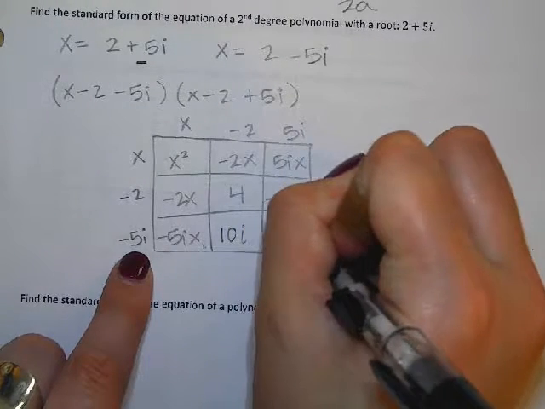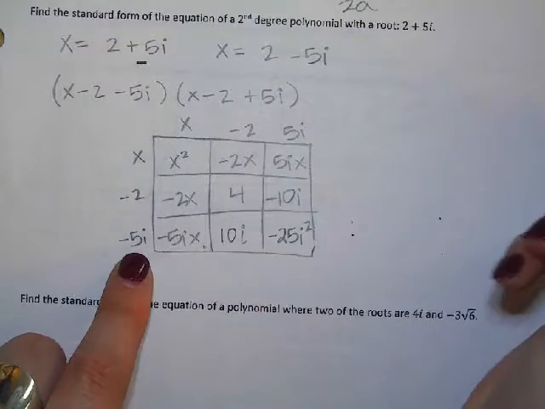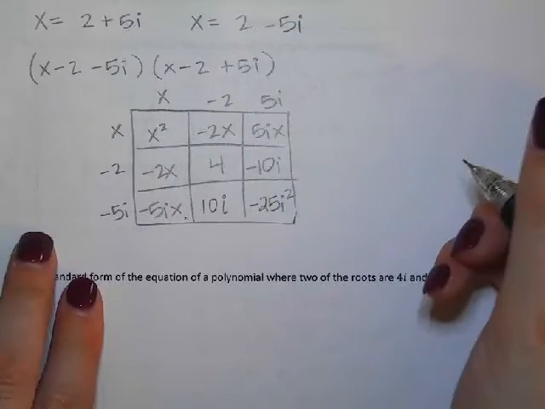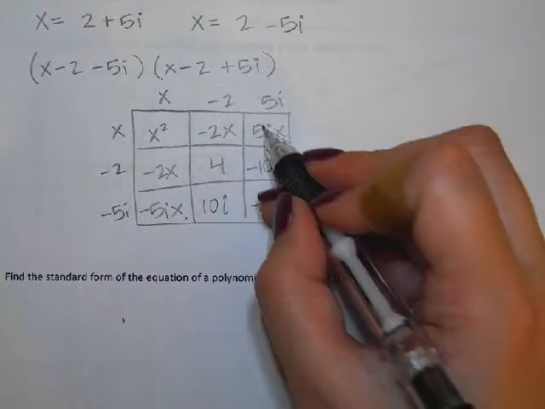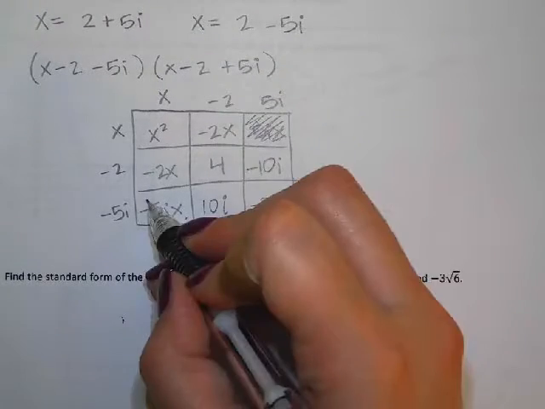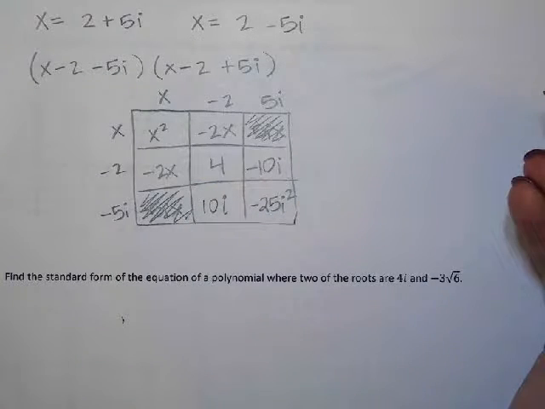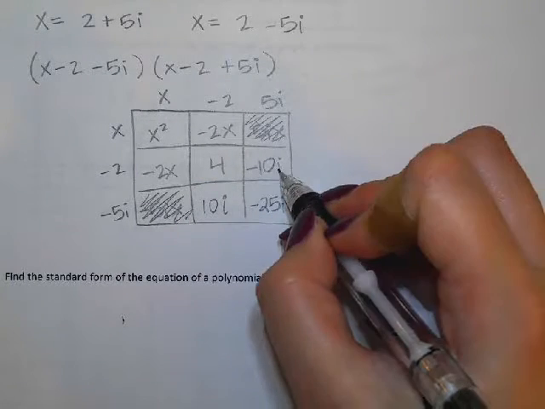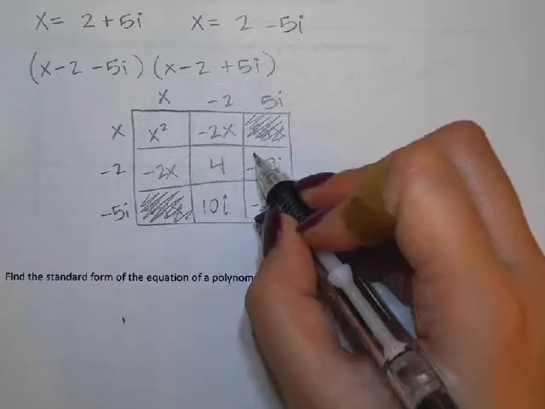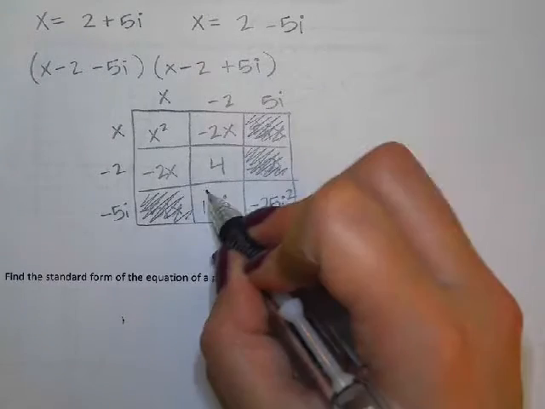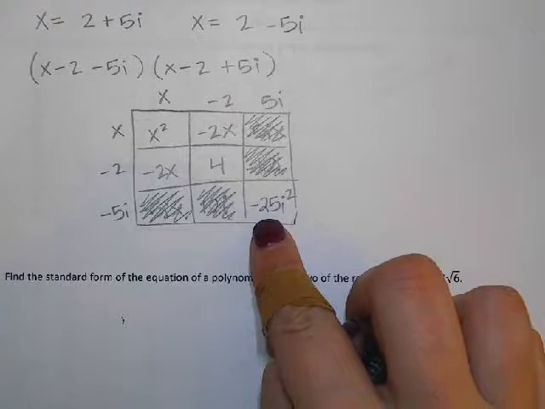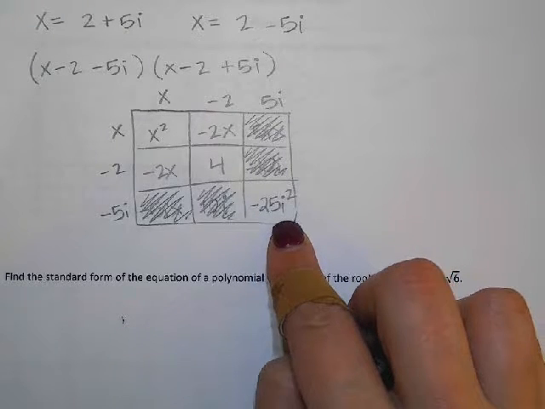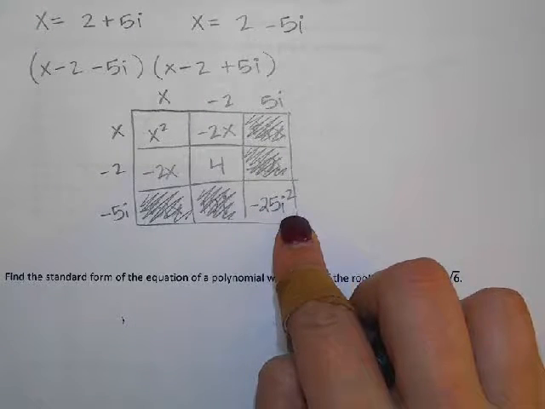is negative 25i squared. Okay, so if we focus on the messy ones, 5ix and negative 5ix cancel out. So those two are gone. Negative 10i and positive 10i cancel out. So those two are also gone. And negative 25i squared is like saying negative 25 times negative 1.